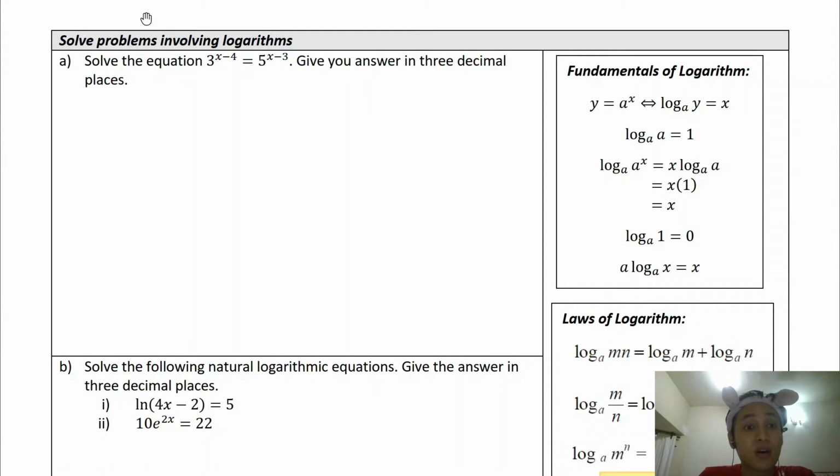Easy is log 10, log base 10, so technically I'm just going to put a log. Log 3x minus 4 equivalent to log 5x minus 3. And then I can bring this one and this one to the front.